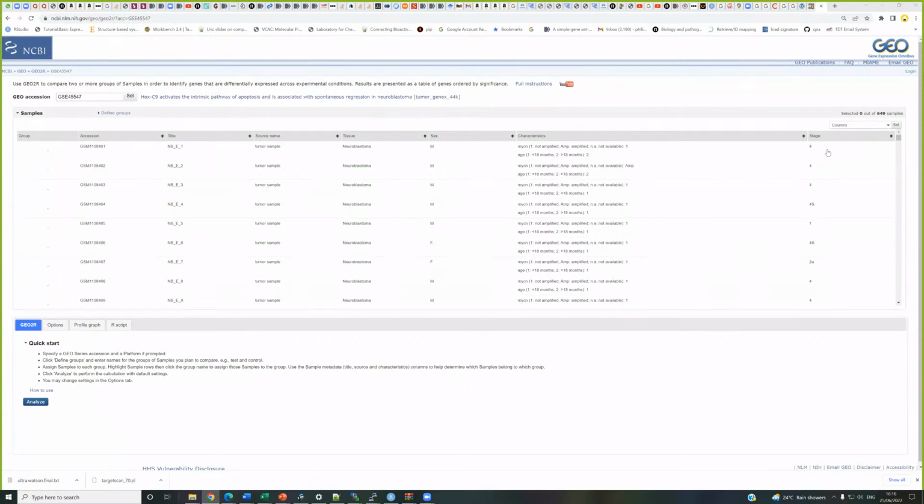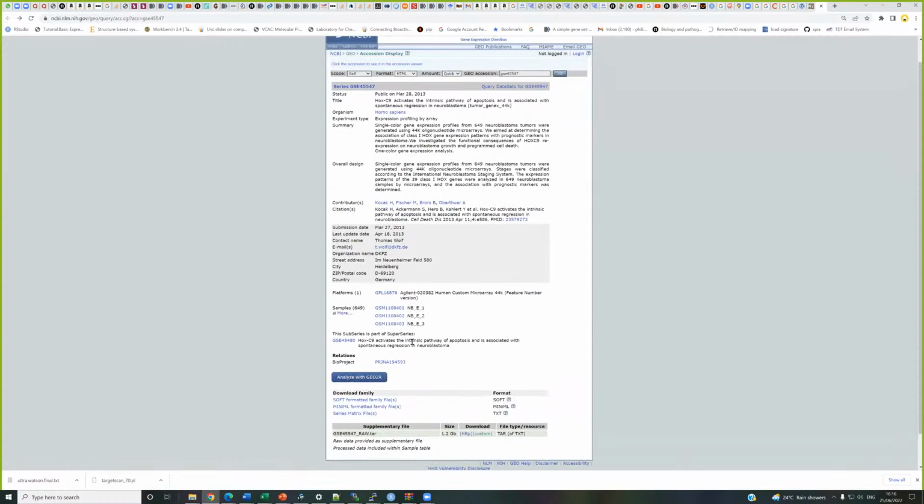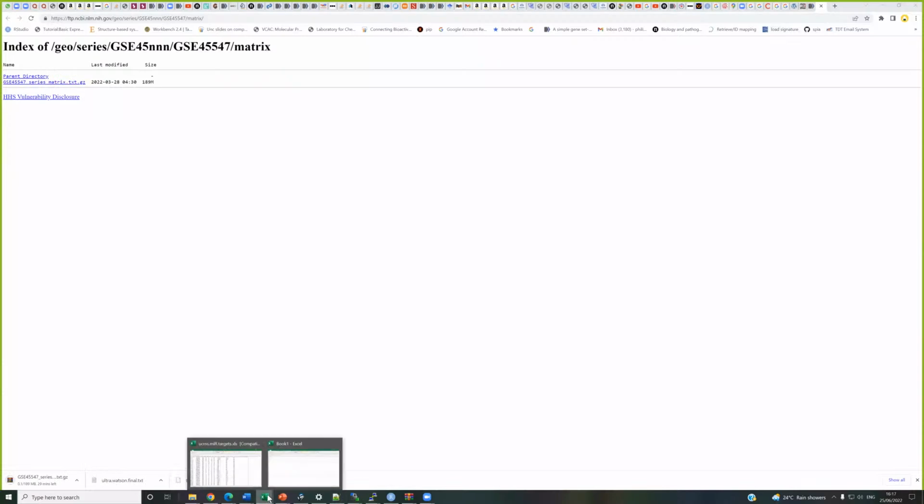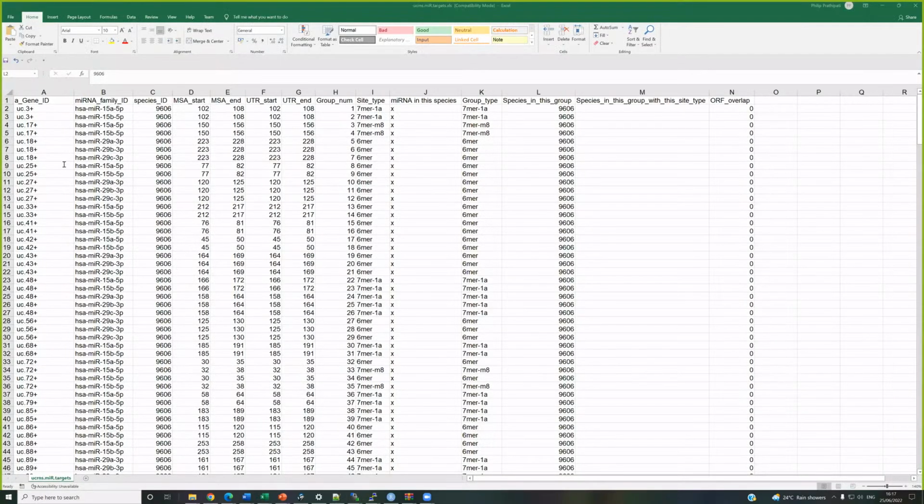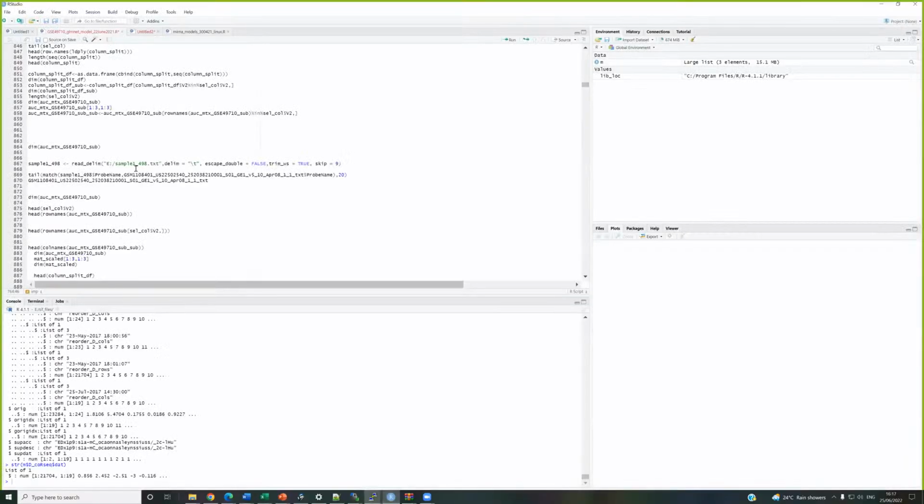This is how a clinical file looks, and then the genomic file looks like this. Let me see if I can open it. It's a very big file.